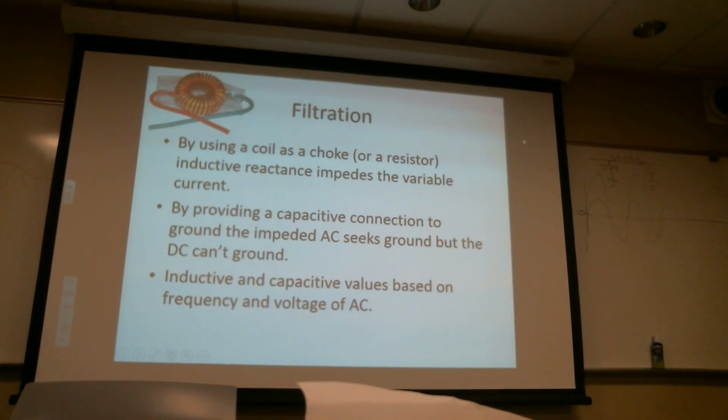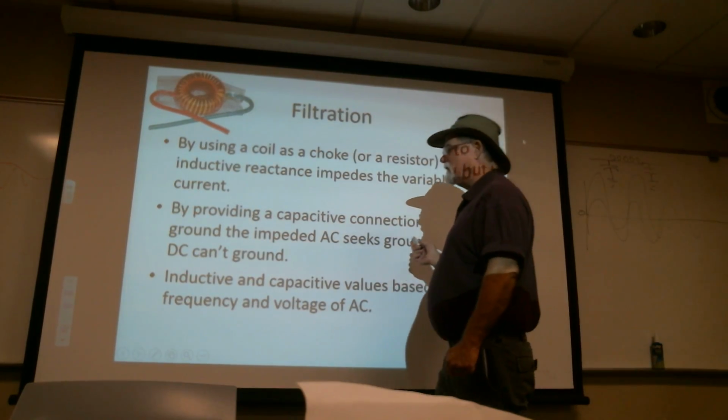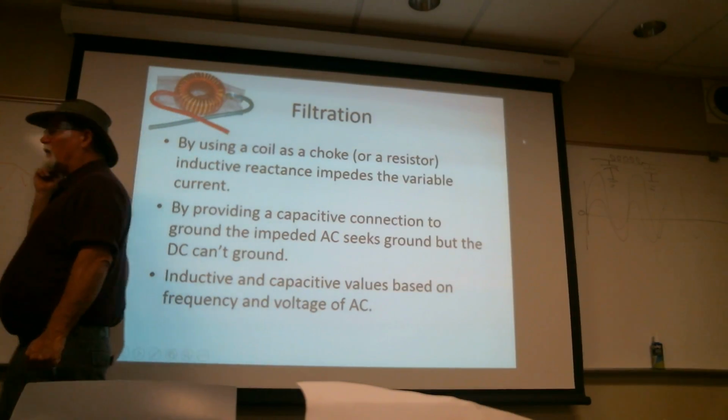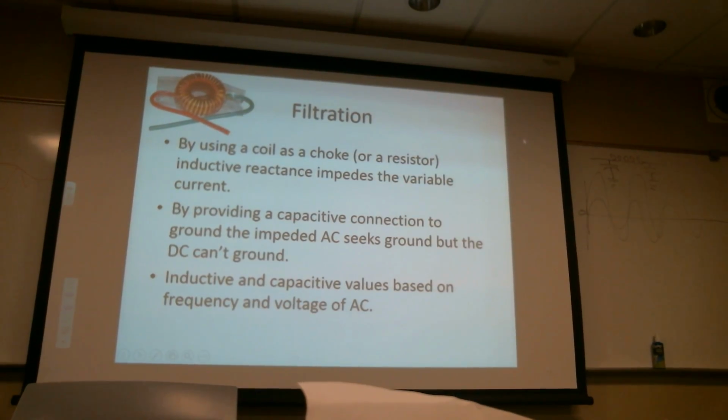It's not truly a resistor, but it is imposing interference with the AC-ness of that part of the circuit. So we call it a choke, and that sort of makes sense. And then we do the capacitive connection to take whatever is undesirable and choked and send that off to the ground.